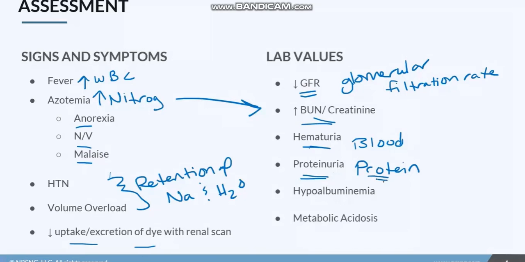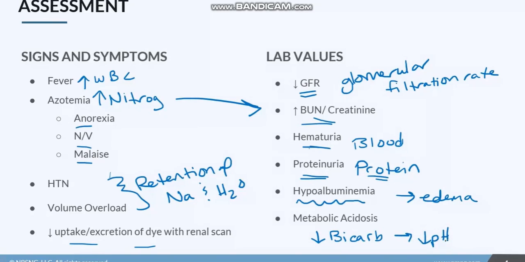When they dump that protein into the urine, then they have decreased protein in their blood, hypoalbuminemia, and all of that can lead to even more edema. And then, of course, because we lose that bicarb buffer, the kidneys stop holding on to bicarb like they're supposed to. And so that leads to this metabolic acidosis. You'll see a pH less than 7.35 and a bicarb less than 22.